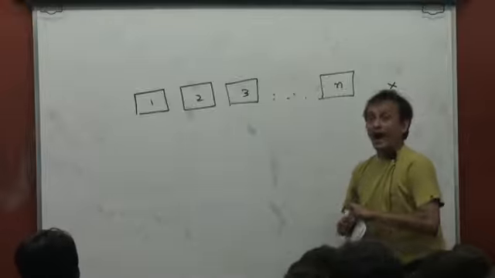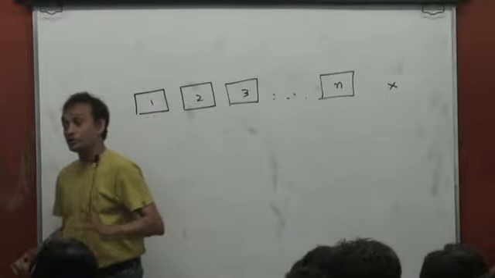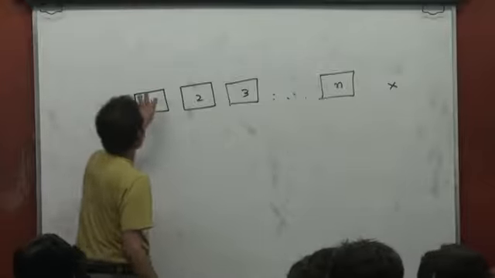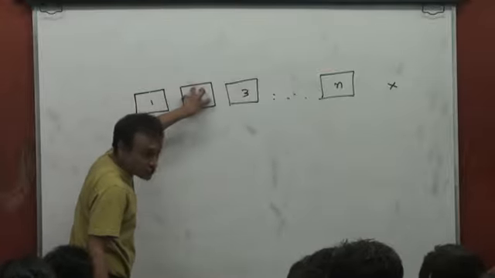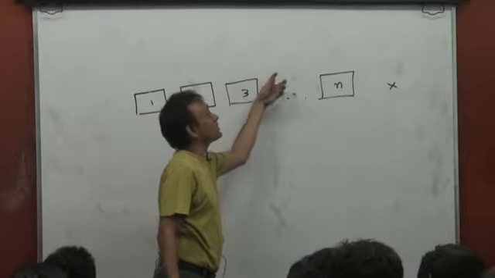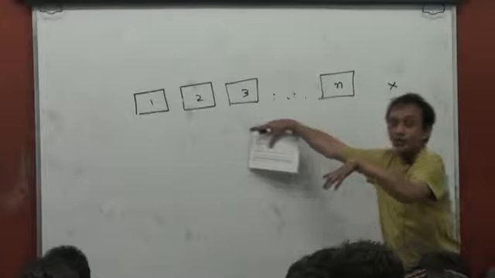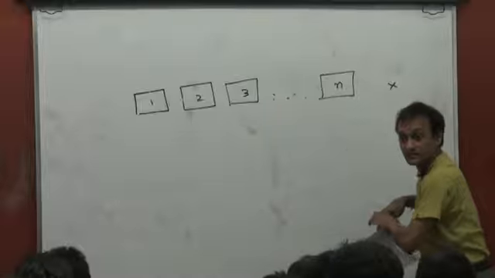Now, after having filled out these spaces, you suddenly realize that the order was not important. After having filled out these spaces, you make a certain selection for space 1, you make a certain selection for space 2, you make a certain selection for space 3, and you make a certain selection for space n. And then you find out the total number of ways of filling out space 1 and 2 and 3 and n, and you find it to be x ways, right?